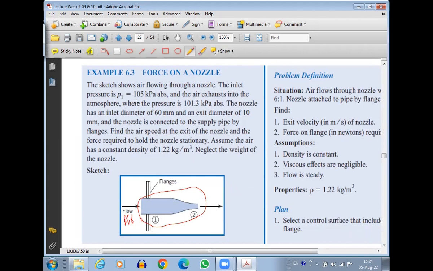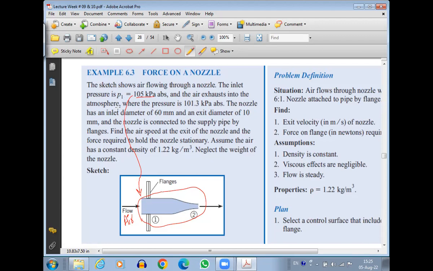The inlet pressure is 105 kilopascal, and that is basically the inlet pressure, means at this point, point 1. And the air exhausts into the atmosphere where the pressure is 101.3 kilopascal absolute. Now here one point is very important: in our analysis, wherever we will be solving the problems, we will be using gauge pressure, not the absolute pressure.